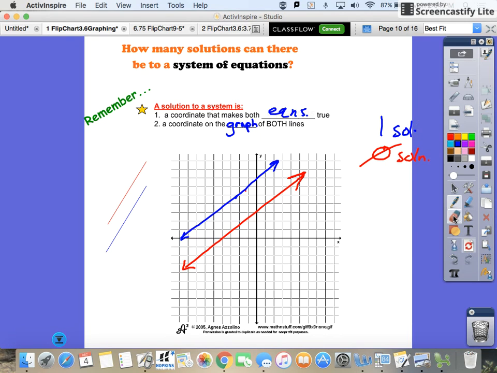The last one is, if you have that blue line there, and then you put another red line right over it, they basically make one purple line. They're right on top of each other, so they're the same line. Those would have infinite solutions. So there's only 3 possibilities. They cross once, they never cross, or they cross all the time. There's different names for those, but I'll address them in the notes.